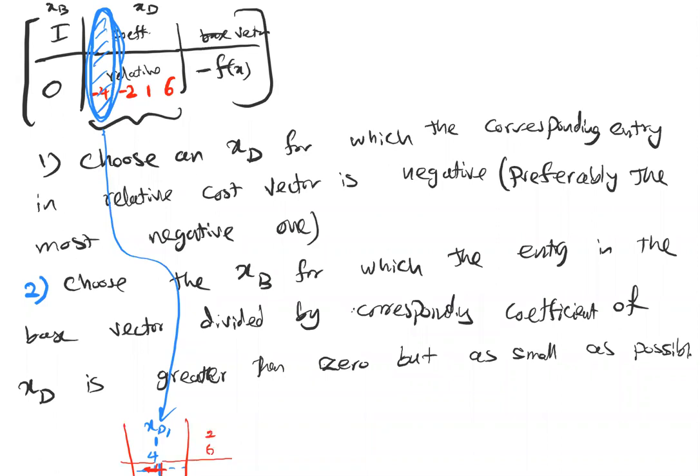All right. So we already know that it's xd1 that we want to swap, but we don't know which of these. Let's say we have 1, 0, 0, 1. So this is x base 1. This is x base 2. Let me rewrite this in the next page. So we have x base 1, x base 2, xd1, which is selected, xd2.